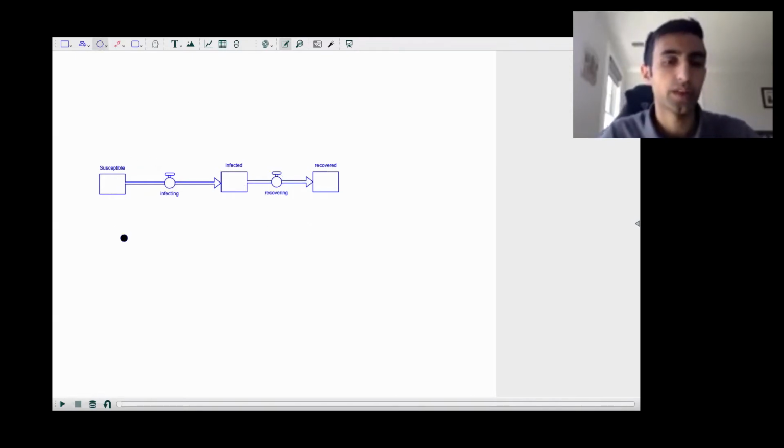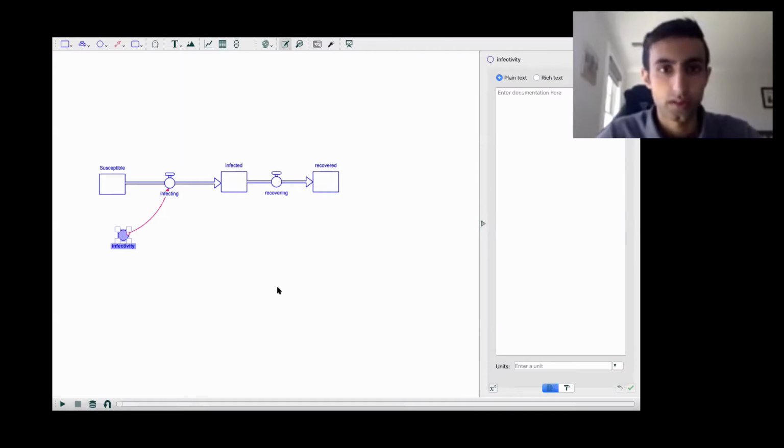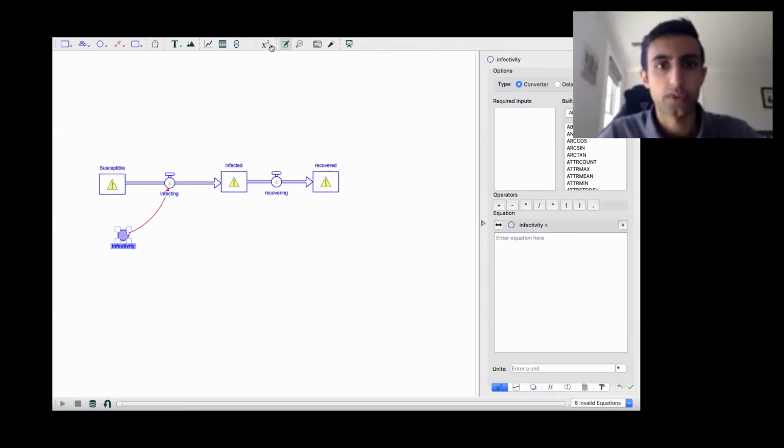And so we need to define some variables which will influence how we determine how many people are becoming infected. So the first of those is infectivity, which is how likely you are to get the disease when you come in contact with someone who has been infected. And so in this model, we'll be using the number 0.045.